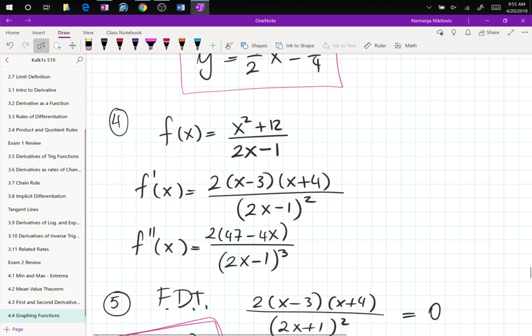Something did not work out here. I think that the software didn't do the derivative right.